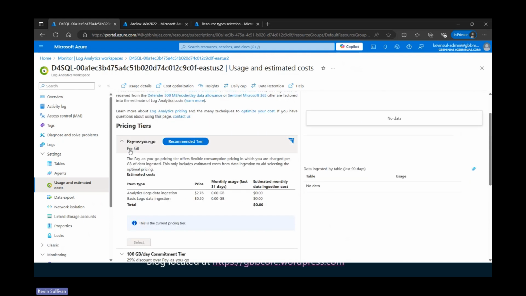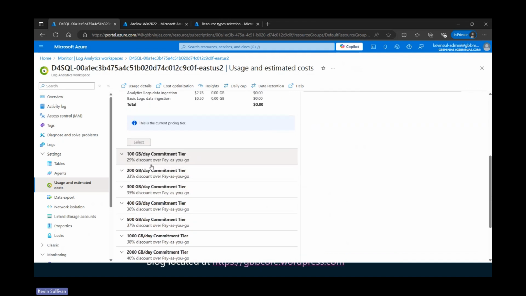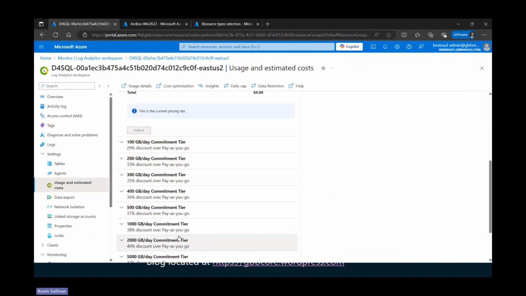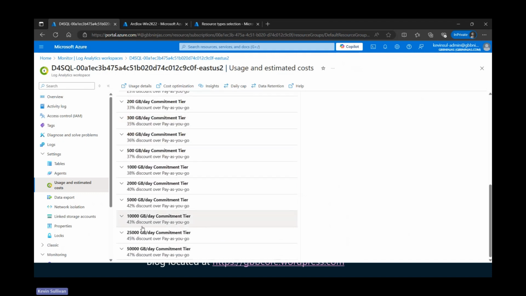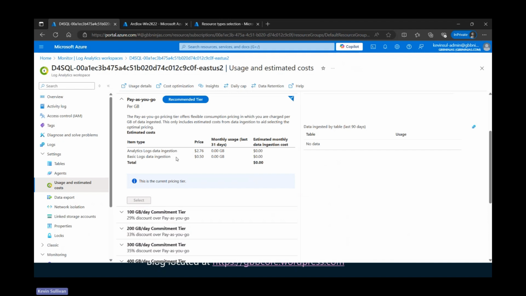It'll say, you're on the pay-as-you-go tier, but over time, depending on ingestion, it may suggest that I flip to one of the committed tiers. And notice that you get discounts. So the more you commit to, that $2.30 per gig per month turns into something much less, depending on how big your enterprise is, right? So you can take advantage of those price tier commitments for your ingestion. So again, a way to control the ingestion and flow of that data.